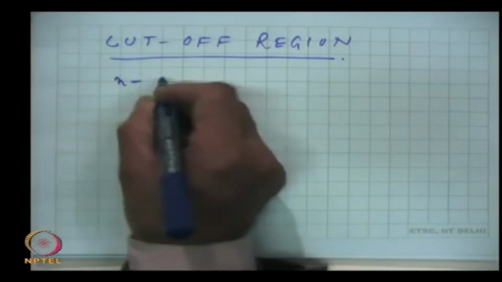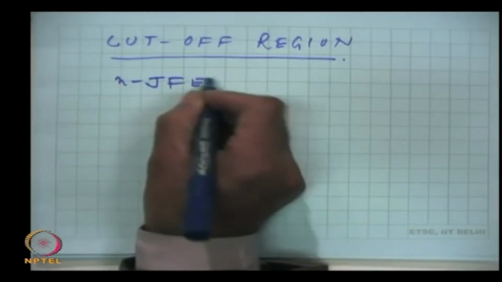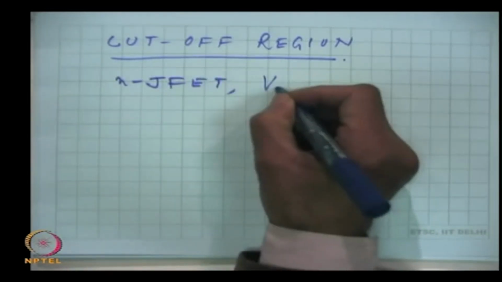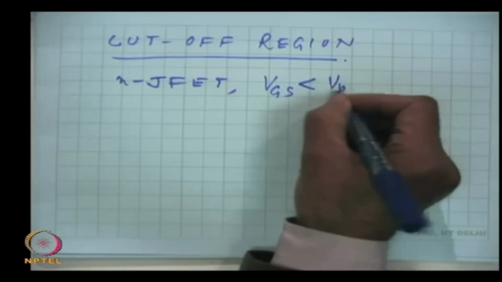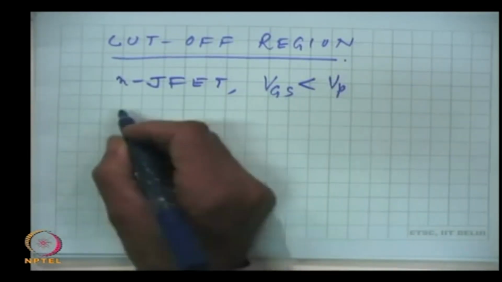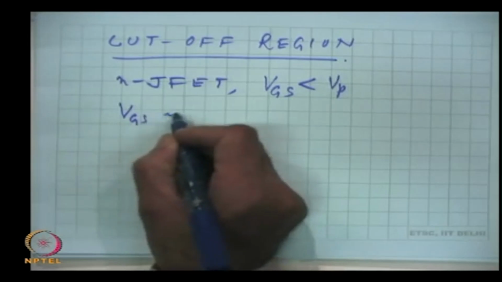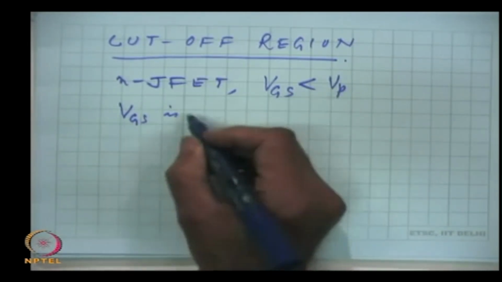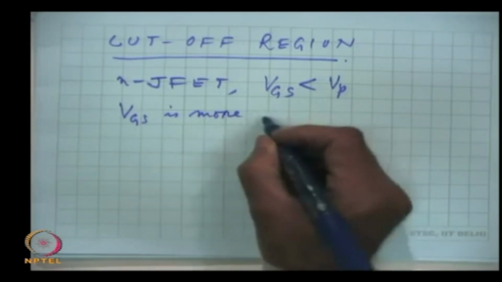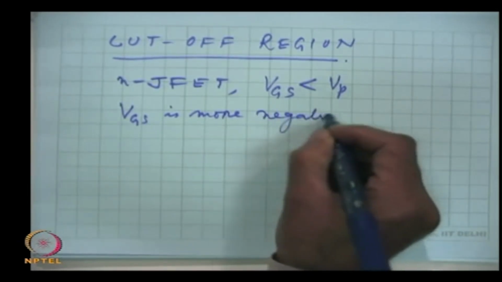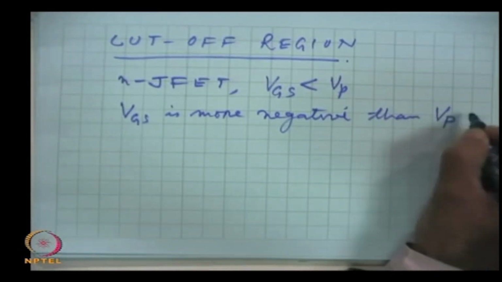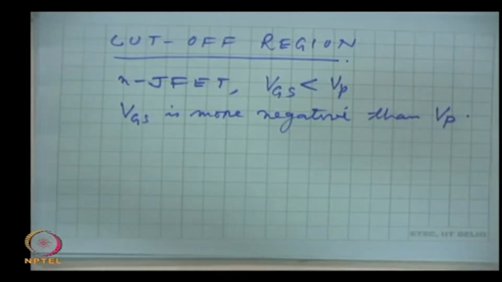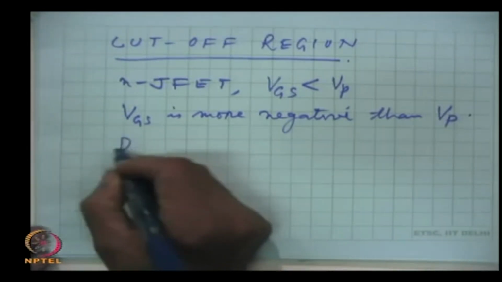So, for an n JFET, VGS is less than Vp, that means more negative than Vp, and in this case the drain current is 0.